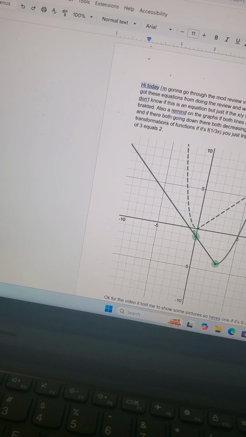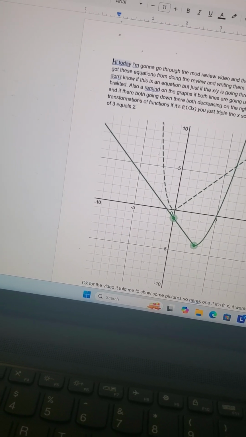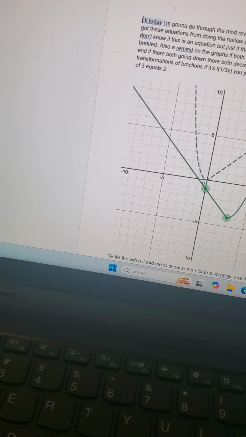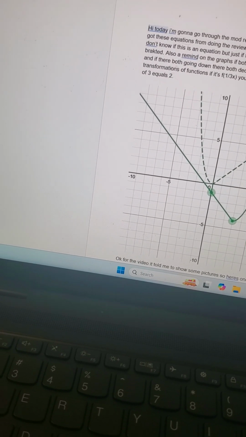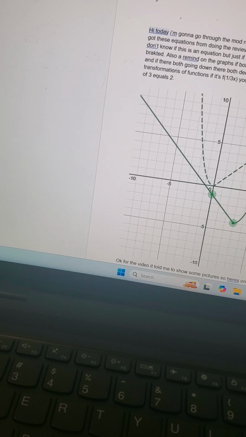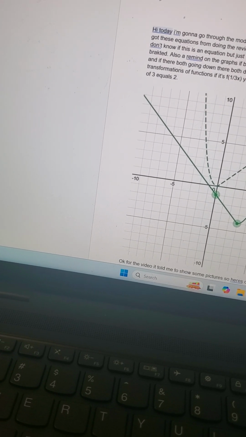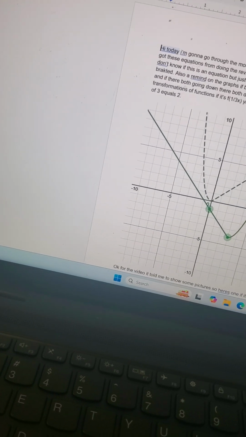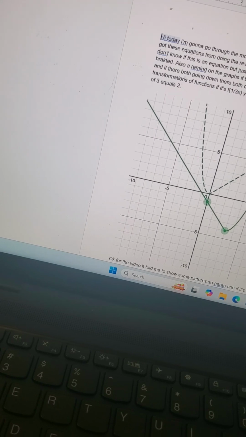So you actually just multiply the x by 3, compared to the outside, where if it's 3 times x, you actually multiply the y. So if x 1 equals 5y, if the 3 is on the outside, it's 1x equals 15y.